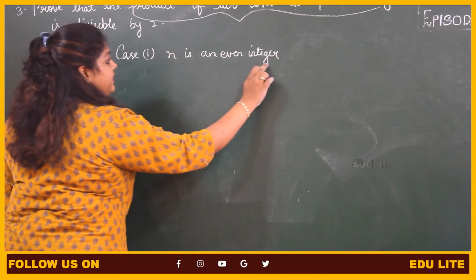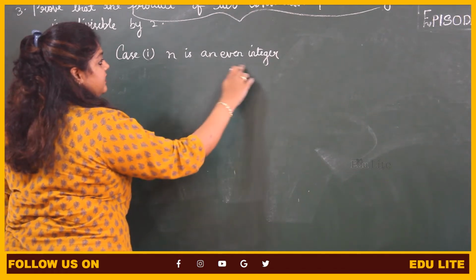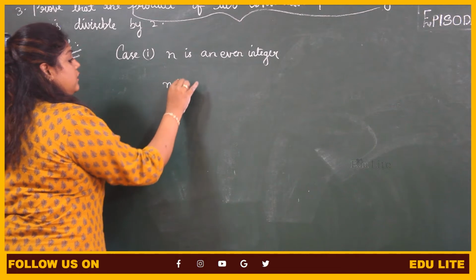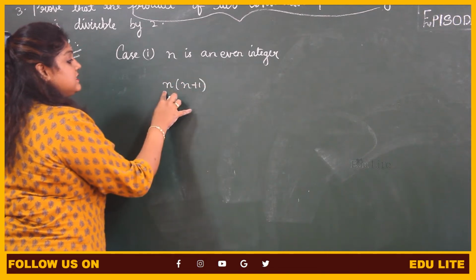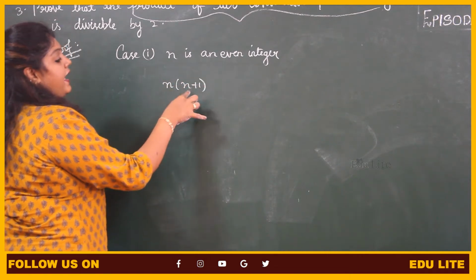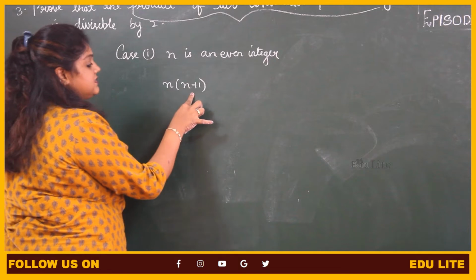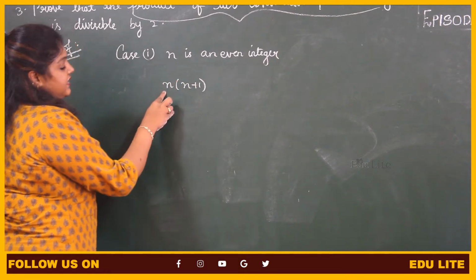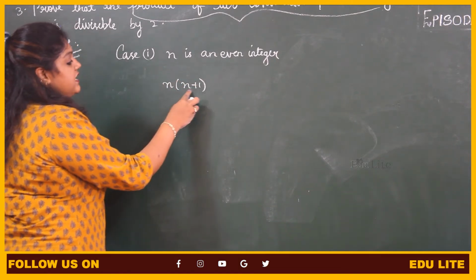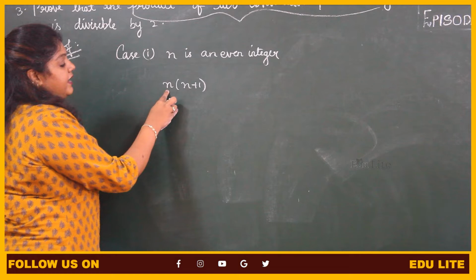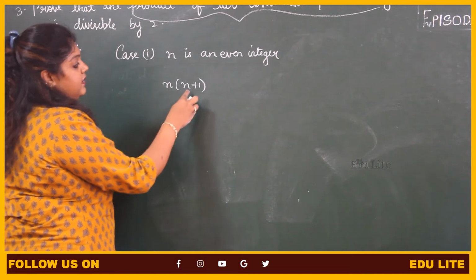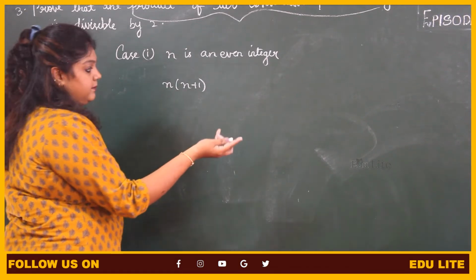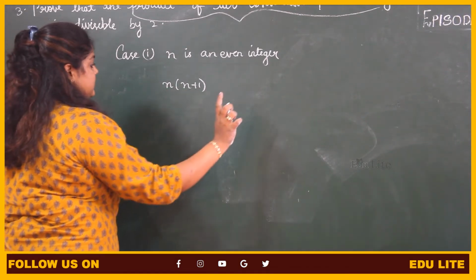Since n is even, n plus 1 is odd. For example, if n is 2, an even number, 2 plus 1 gives an odd number.